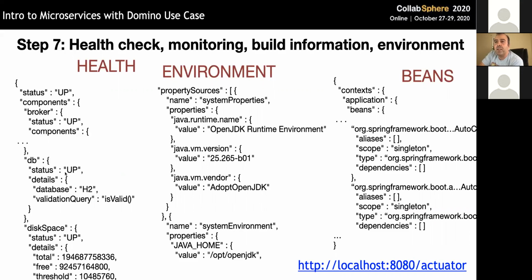The database that it's supposed to connect to is up. The space on the VM that was started, the container, the environment, what version of OpenJDK. You can find out what version of the application is running. I don't have all the endpoints here. There's a lot of cool endpoints here. What beans? This is like your context. What are all the beans loaded in your application?